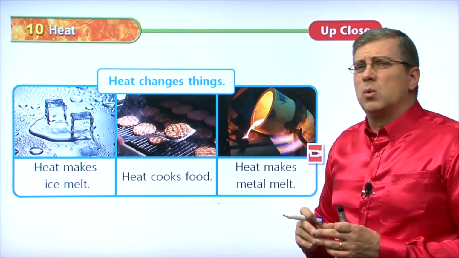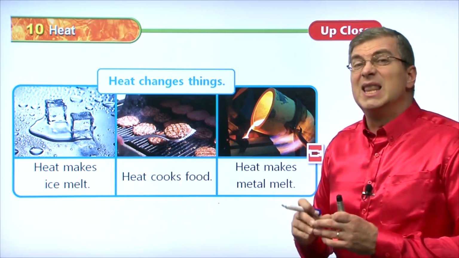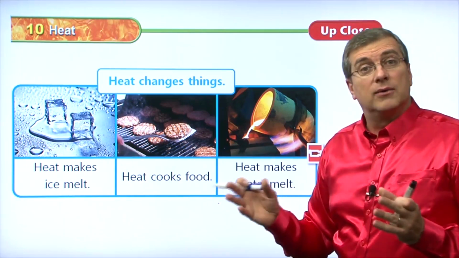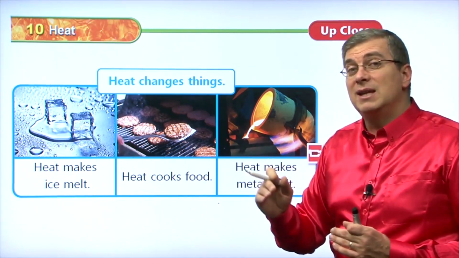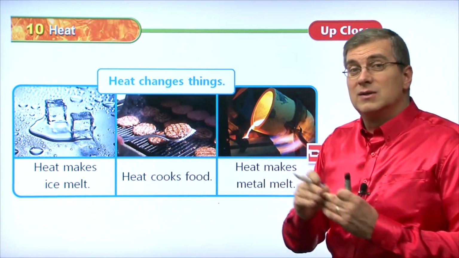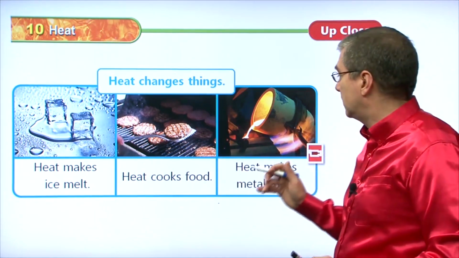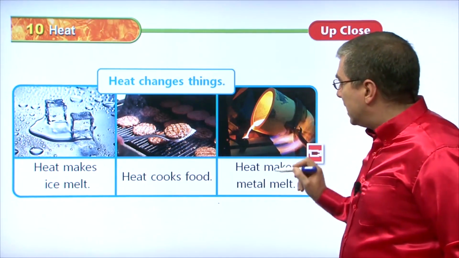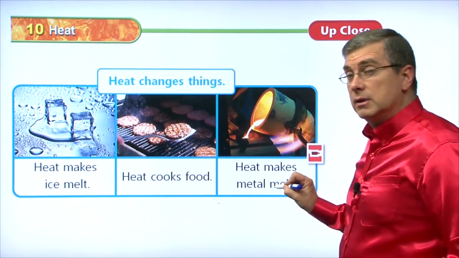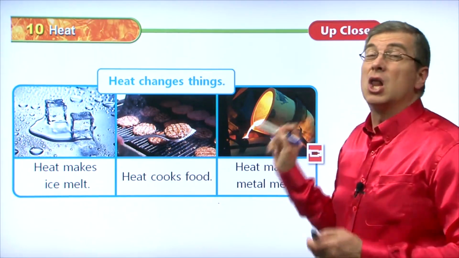You very rarely, if ever, see liquid metal. But, of course, any matter, any substance, you add enough heat, it will change from solid to liquid to gas, right? So, if you have a metal and you heat it up, it will melt. But you need a lot of heat.